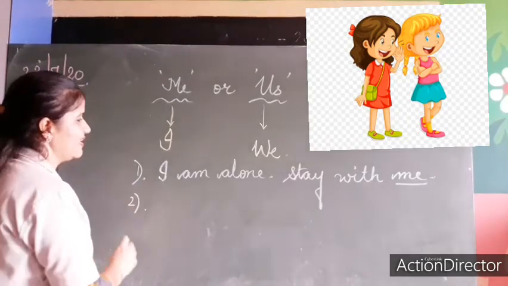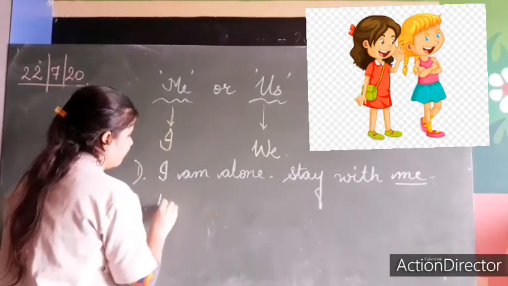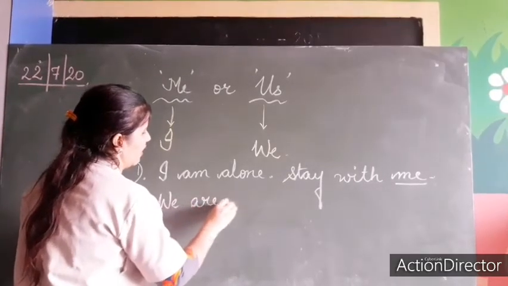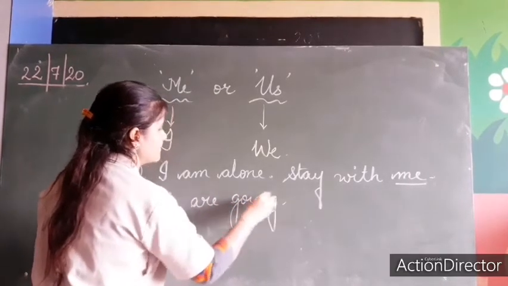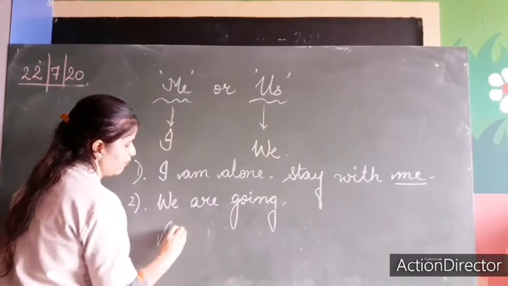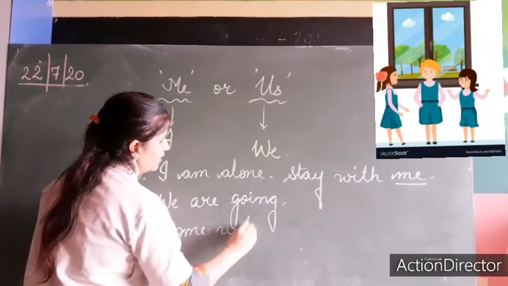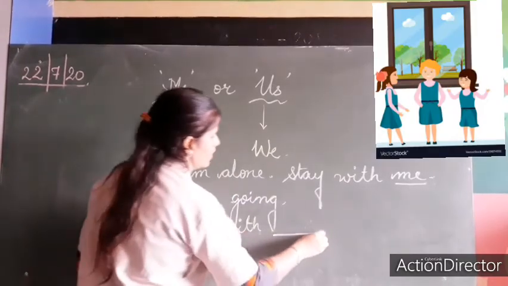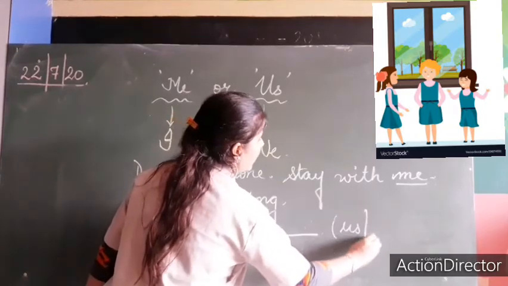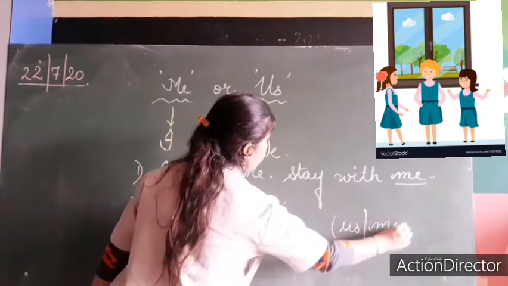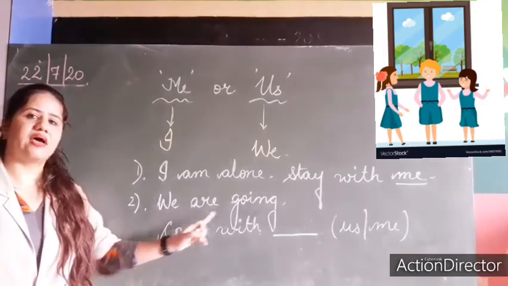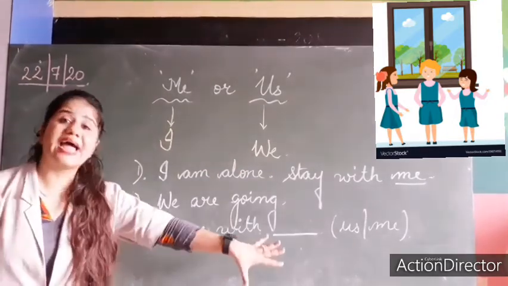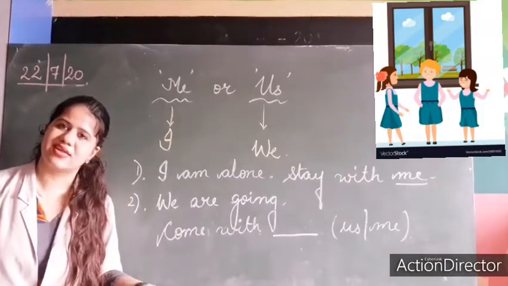Now one more sentence. We are going. Come with dash. And you have to fill up with us or me. We are going. Come with dash. Me or us.